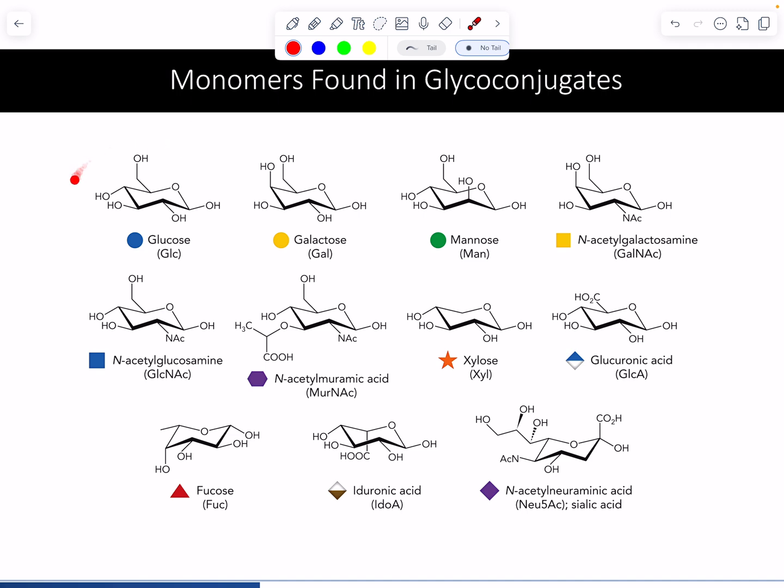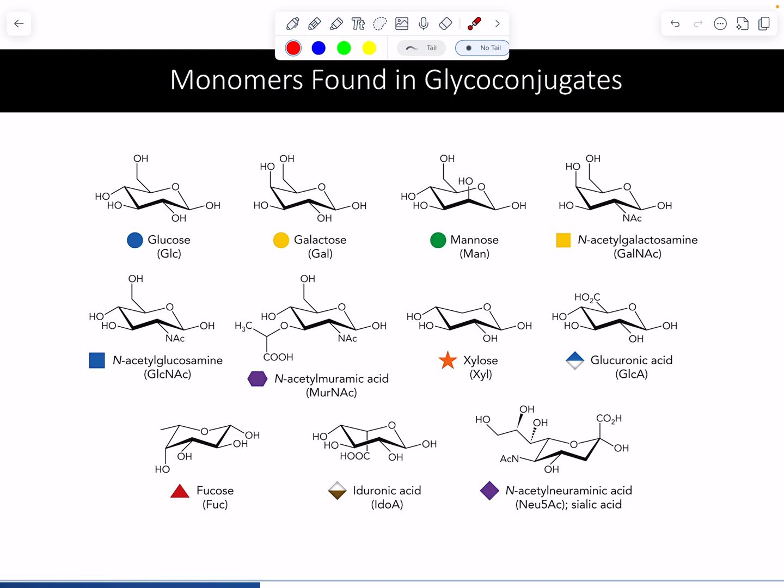Unmodified would be, for example, glucose, where it's just our CH2O carbohydrate structure. And something like N-acetylmuramic acid, where we've got our N-acetyl group, but we also have a carboxyl group added on. So we've got functional groups added on. Those are our modified ones.